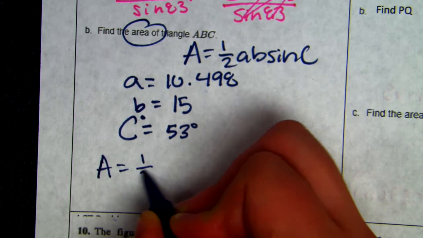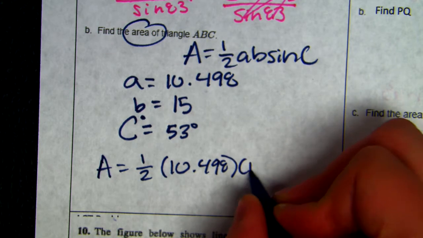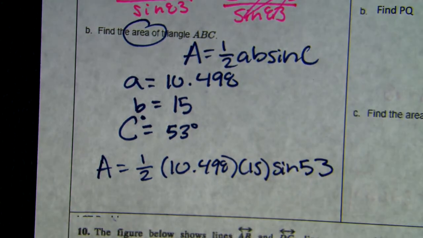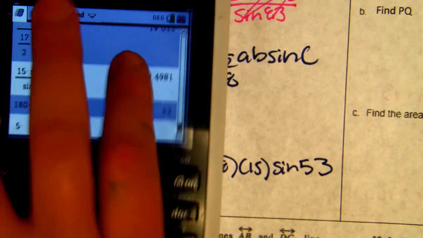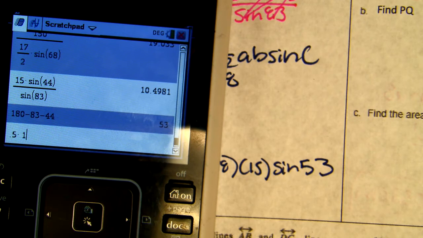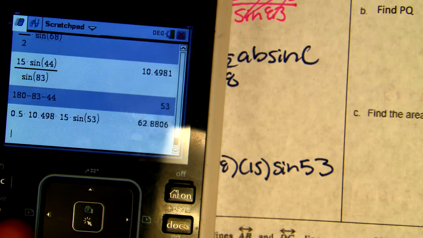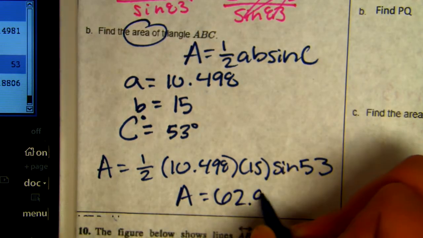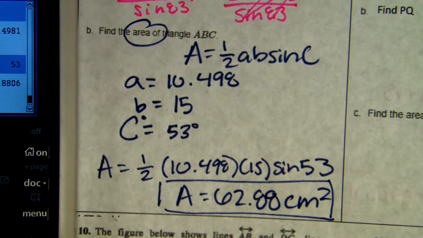I have A equals 1/2 times 10.498 times 15 times sine 53. I type 0.5, which is 1/2, times 10.498 times 15 times sine 53 in my calculator. That gives me an area of 62.88 centimeters squared, and that seems pretty reasonable to me.